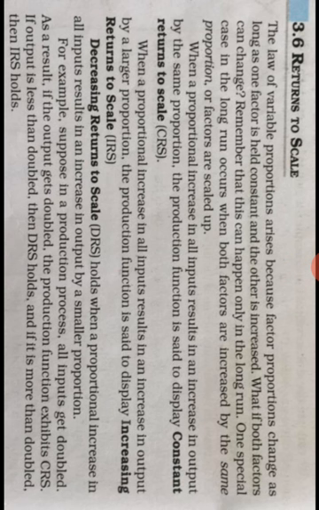When you are increasing the input in a larger proportion but the result you are getting is in a lower proportion, that means you are keeping 10 labor in one field and now they are producing only 8 quintal of wheat. So there is a reduction of 2 quintal. That means it is decreasing return to scale. How much input you are keeping, lesser than that output you are getting.